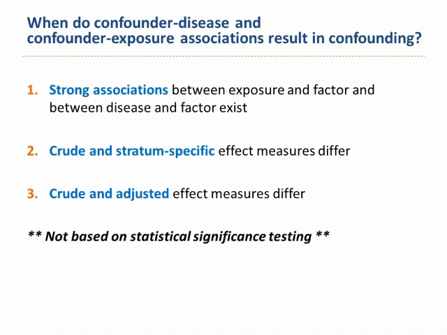One approach is to compare the crude and the stratum-specific measures of effect, and if they differ by an appreciable amount, oftentimes judged to be 10% or more, but that's just a general rule of thumb, then we might conclude that confounding occurs and we would need to take measures to adjust or accommodate for the confounding. Similarly, we might compare the crude and the adjusted effect measures and determine if there's a difference between those. Again, a difference of 10% or more might be a good rule of thumb to conclude that confounding is present.